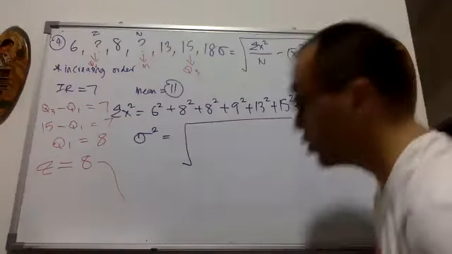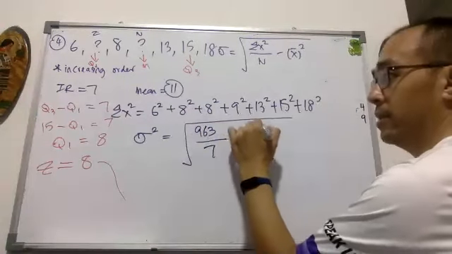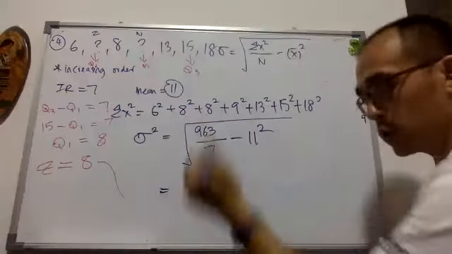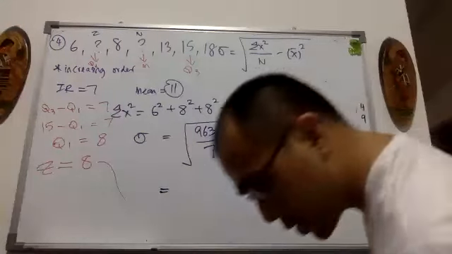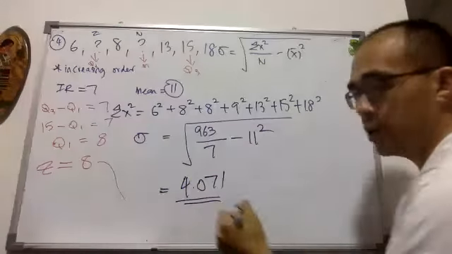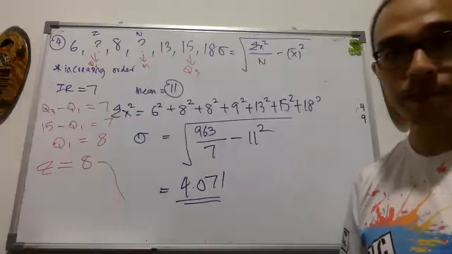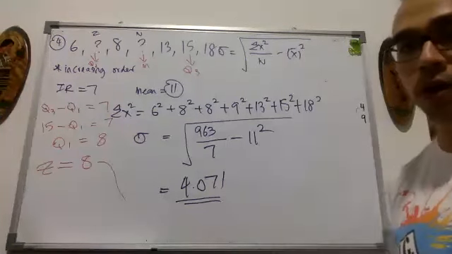You get 963. So 963 over 7 minus 11 squared. After you square root everything, you should be able to get 4.071. 3 decimal places is fine. So that is all this calculation.